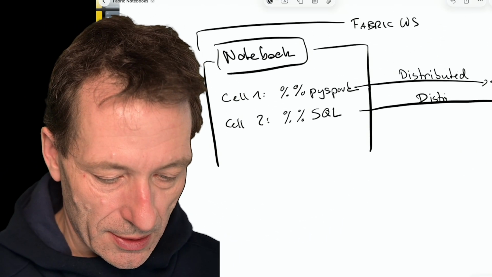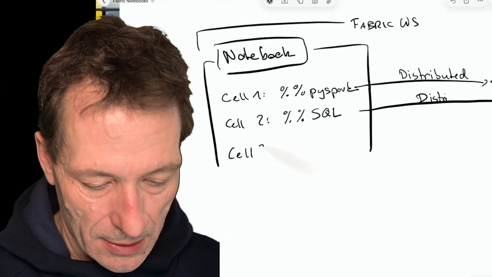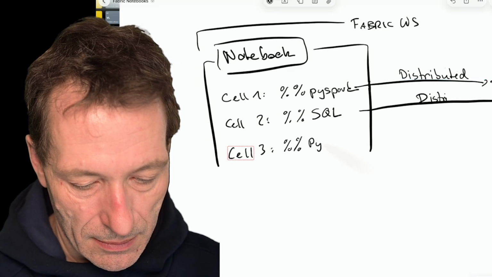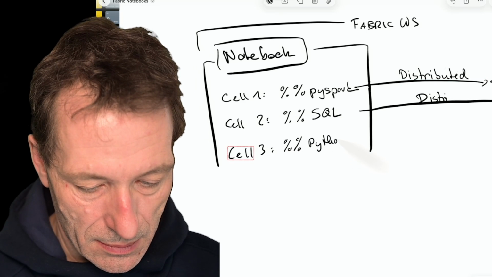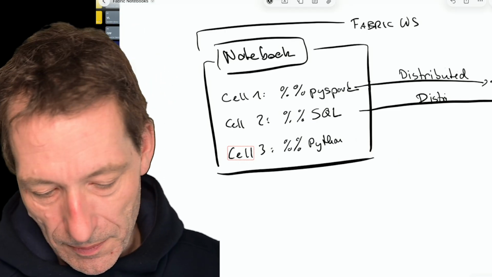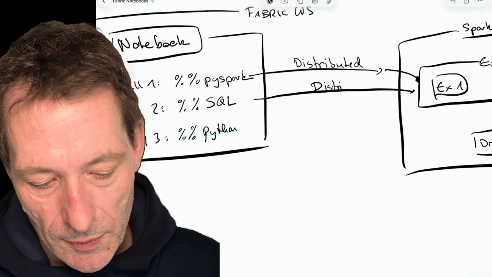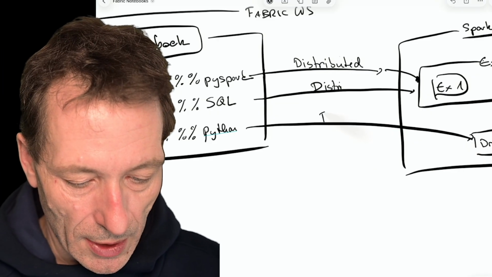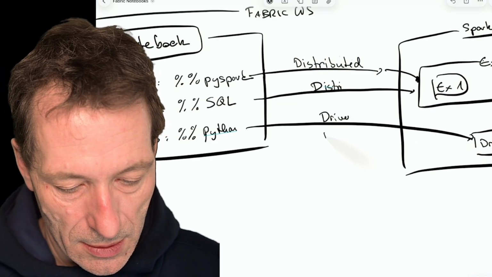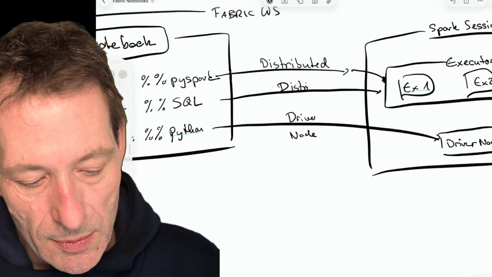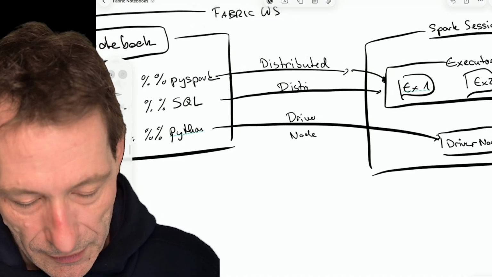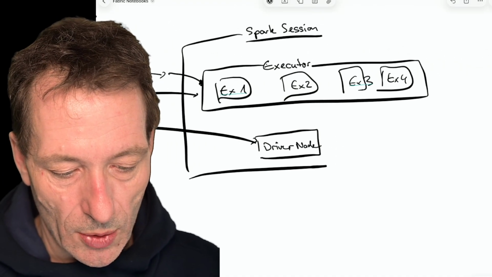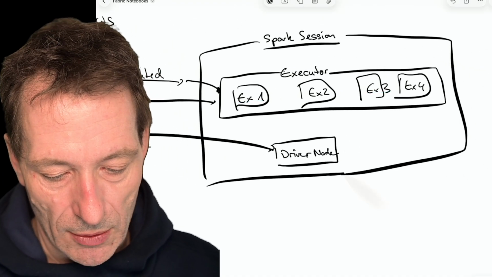When you run the third cell, the 3 with %Python, and here we go. When you run it with %Python, then this is executed only with the driver node. This means when you use %Python, so use Python code, then you have only one executor here, which obviously makes things much, much slower.